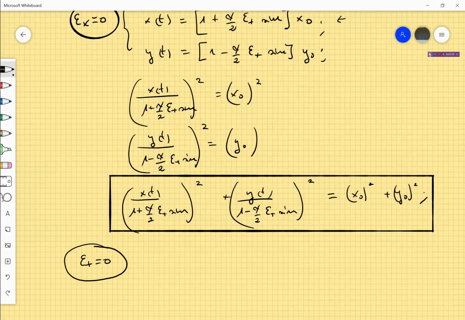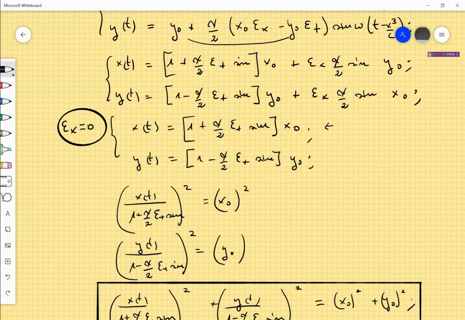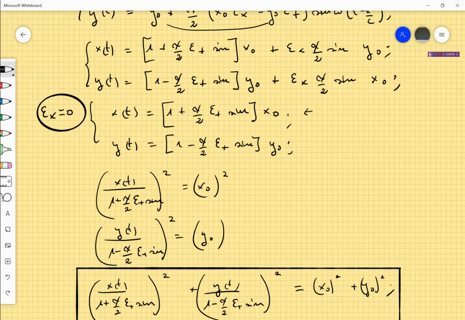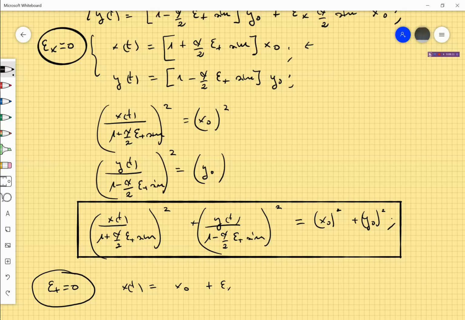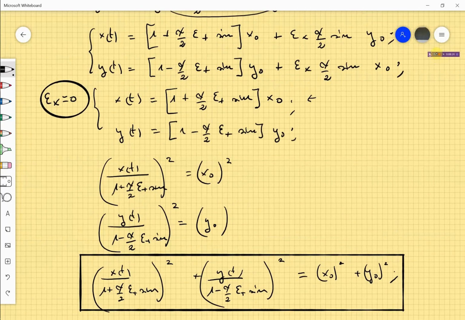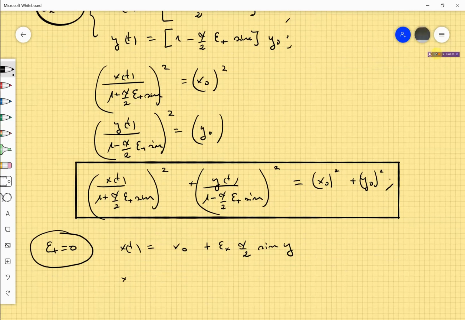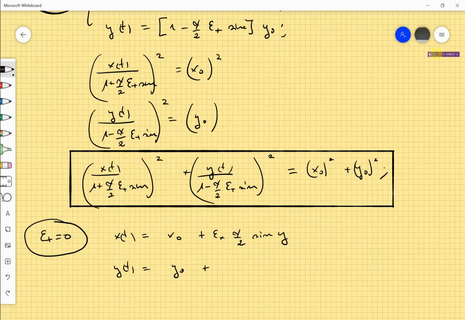Okay, and in this case, if I look here, I get x of t equal to x0 plus epsilon x chi over 2 sine, y0, and y of t is y0 plus epsilon x chi over 2 this sine, sorry, this is x0.